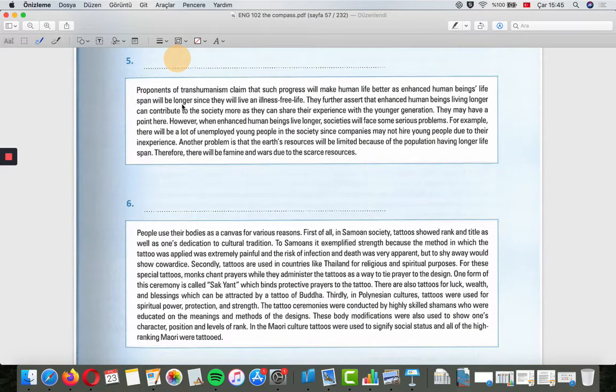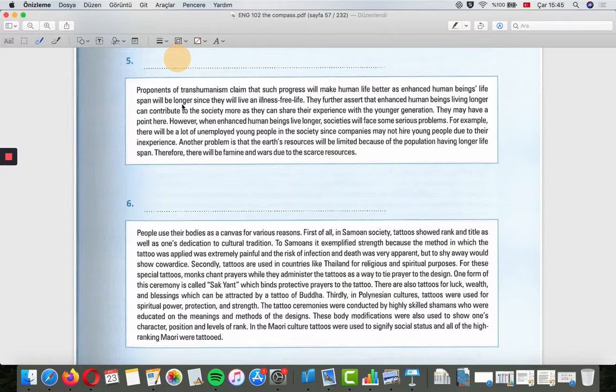Number 5. Proponents of transhumanism claim that such progress will make human life better, as enhanced human beings' lifespan will be longer because they will live an illness-free life. This is a hypothesis, okay? It says, however, when enhanced human beings live longer, societies will face some serious problems.